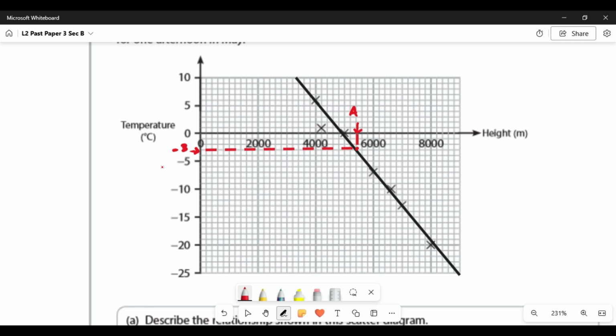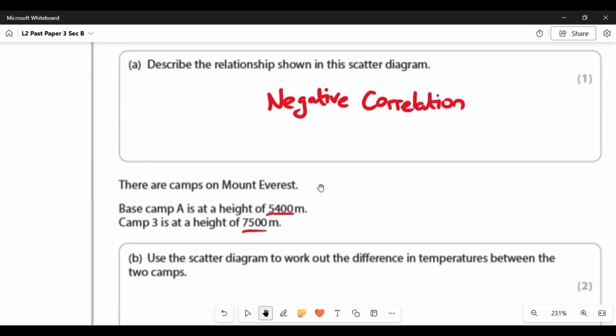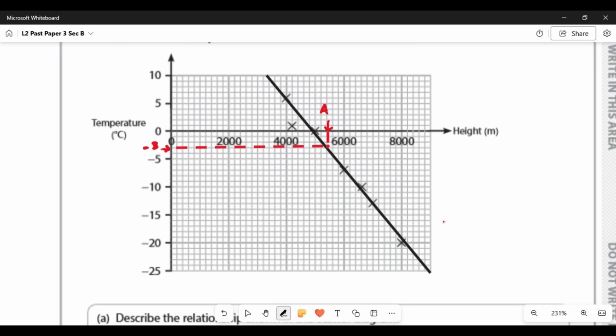Okay, and then for Camp 3, let me just double check. What did it say? Camp 3 was at a height of 7,500. So again, 7,500. Well, if that's 6,000, that's 8,000. 7,000 is going to be halfway, which is there. So 7,500 is going to be halfway again, which is right there.